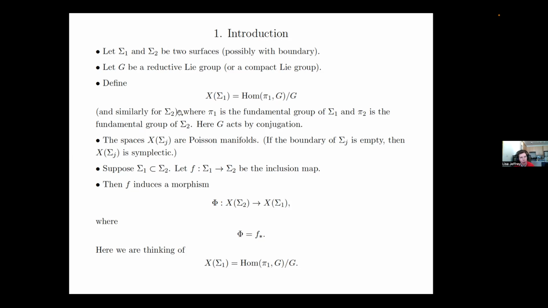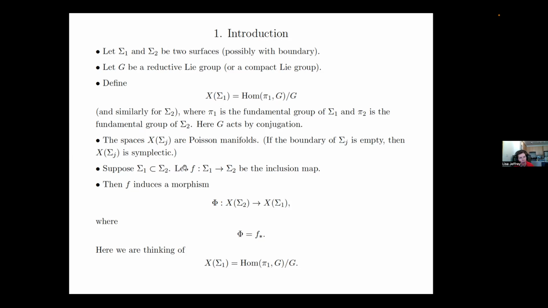So this for sigma 1 and sigma 2. Here, G acts by conjugation. These spaces are Poisson manifolds. If the boundary of the surface is empty, then they are symplectic.